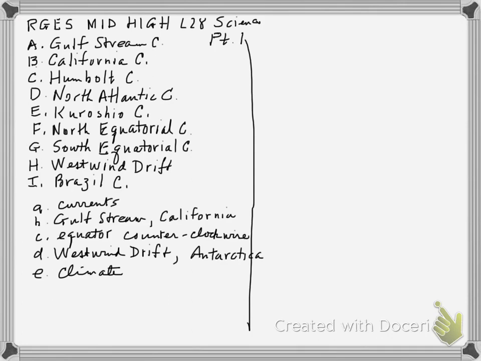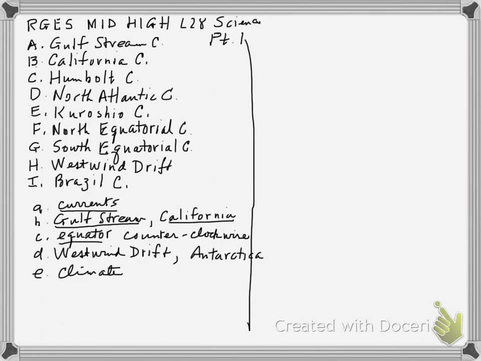Now for letters A through E, the phrase for letter A, rivers within an ocean, refers to the ocean currents. So fill in currents in letter A. Letter B, 2 ocean currents that affect the coast of North America are these 2, the Gulf Stream and the California currents. Okay. C, the currents below the equator flow in a what?